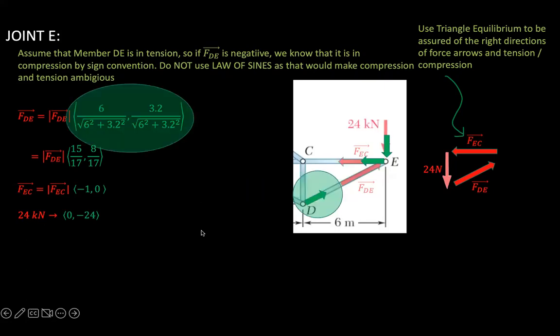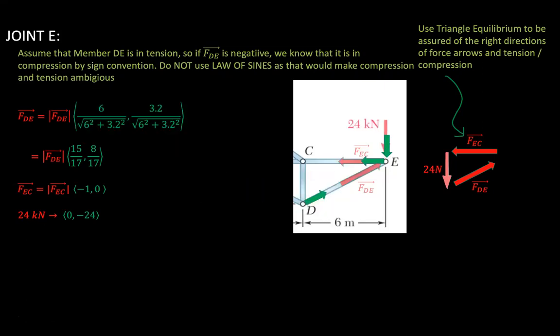So these are the unit vectors, vector 1, vector 2. And then the final vector isn't a unit vector, but it's the vector in the direction of the force, this one. The sum of the forces in the X direction is equal to 15 over 17 times the magnitude of FDE minus 1 times the magnitude of FEC plus 0, and that is all equal to 0 because this is in equilibrium.